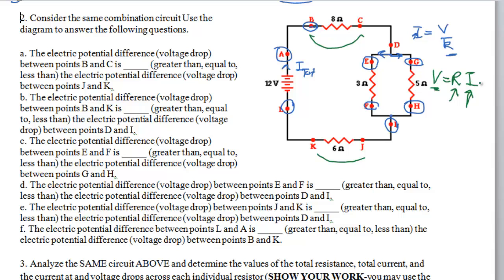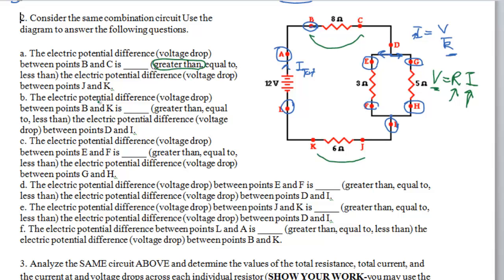So here the constant is the current, so the two variables are resistance and voltage. The bigger the resistance, the bigger the voltage. So since the resistance between B and C is bigger than the resistance between K and J, therefore the voltage drop will be greater than. Okay. So that's question A.